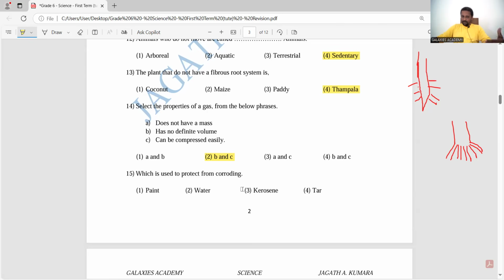We can paint it, no? Think about a gate. When you paint it, you can use it for a longer time, right? So the answer is number 1, paint.